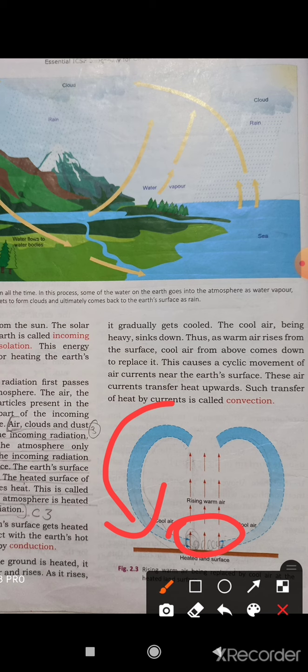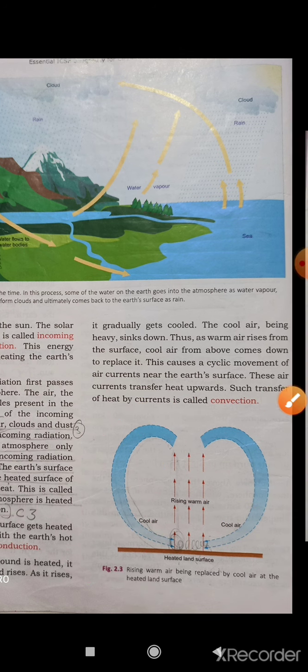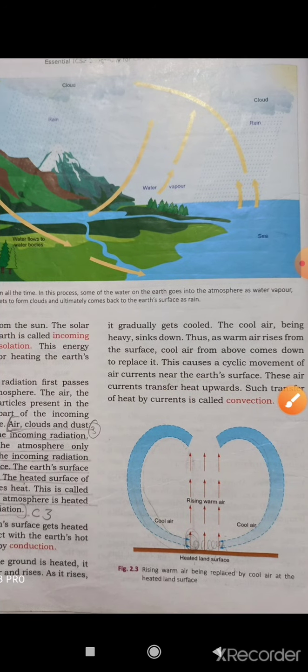When it is rising, it is getting cool. Now again the cool air is coming, and this cyclic movement of air current near the earth's surface transfers heat upward, and such transfer of heat by current is called convection. I hope you understood from this diagram.